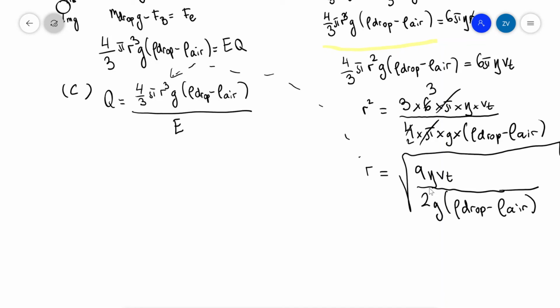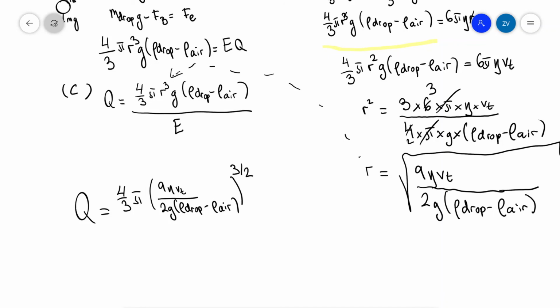So what I'm going to get for our charge q is going to be 4/3 times pi times this expression, which is 9 times the viscosity times v subscript t divided by 2g, the density of the drop, take away the density of the air, like so, and that's raised to the power of 3 halves.